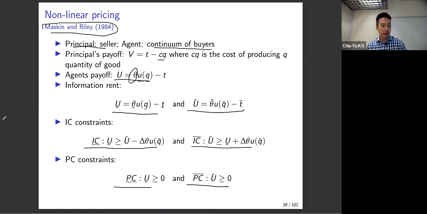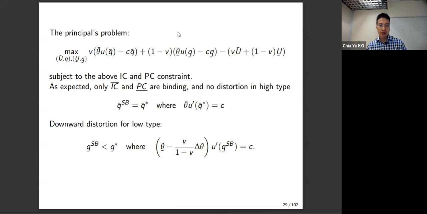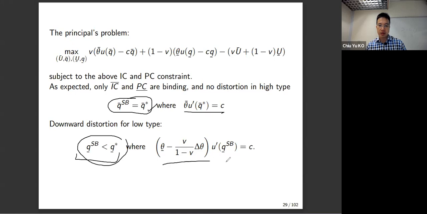Okay, and by rewriting this, by solving it, basically it says the high type, the good type, the high value type, gets efficient production. The low valuation type gets less product. There's some distortion there. Okay, and there's some benefit to being a consumer that is more willing to pay. Right, you get some surplus from that. So that is the model. Right, you can actually solve everything there.